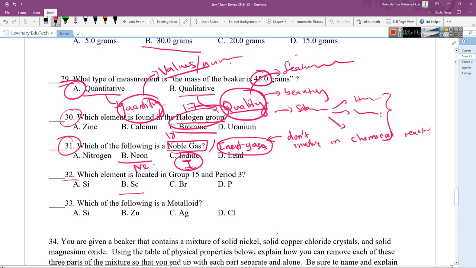So group 15 and period 3, right? The element corresponding to group 15 and period 3.